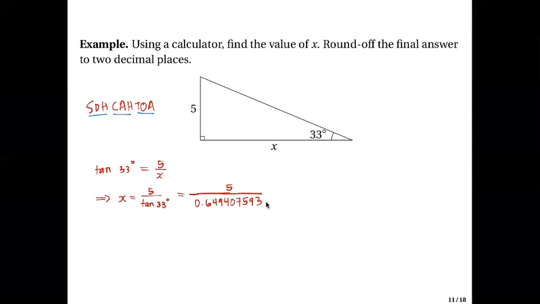And then we do the division now. 5 divided by that number, we have 7.6993 dot dot dot, but we want to round off to 2 decimal places, so this becomes 7.70. So this is the value of x. Okay?